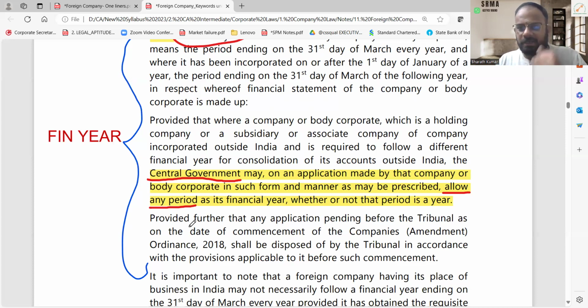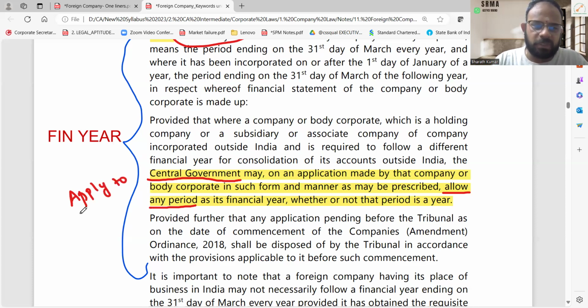You can ask the central government, because the company is incorporated outside India but has a place of business in India. So you can apply to the central government and say, sir, they are considering that as their accounting period as a financial year, so you also give me that period itself as the financial year, so that I will have no problem. To whom should you apply? Apply it to the central government.